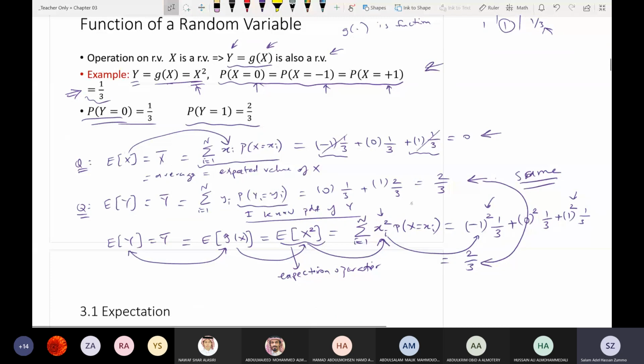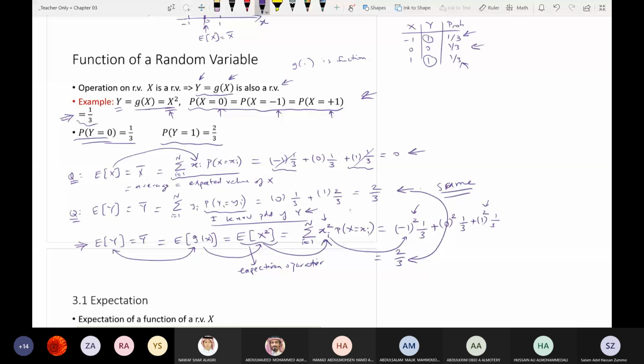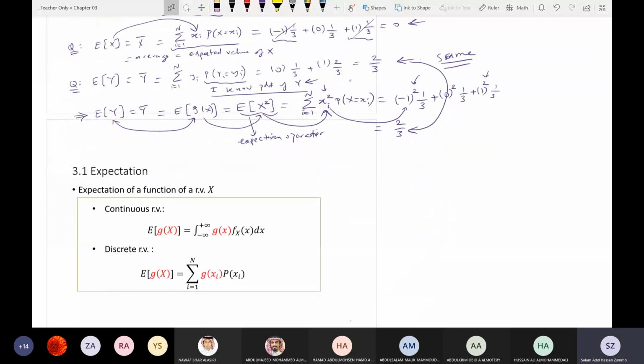I can do it two ways. Either I find the PDF of y and then I calculate the average, or I can use the expectation operator directly. واضحة الفكرة هنا؟ So the expectation operator, the way it works for a discrete random variable x, of a function of a random variable, E of g(x): I simply take g(x), apply it for every xi, multiplied by the probability of xi.